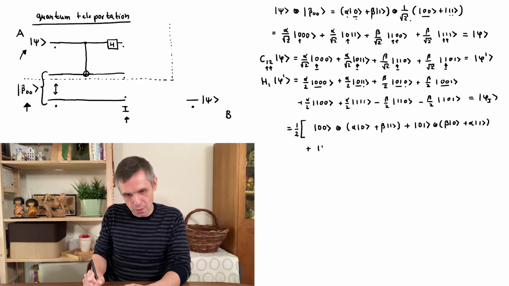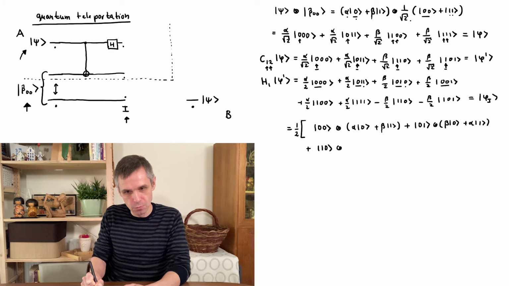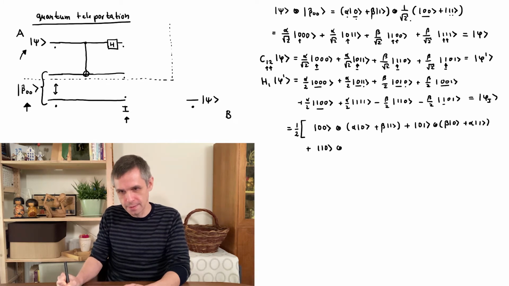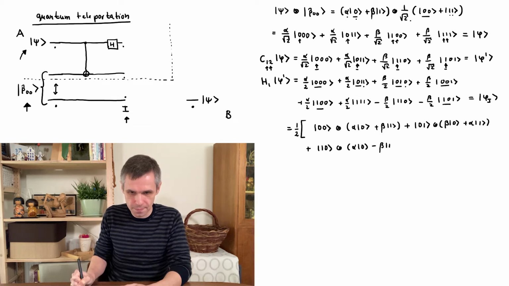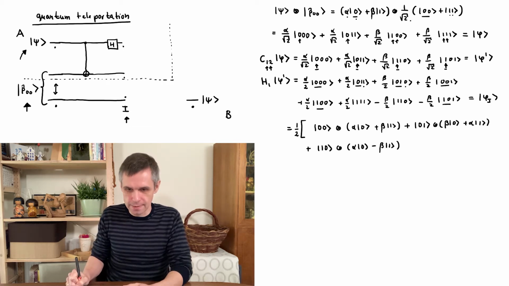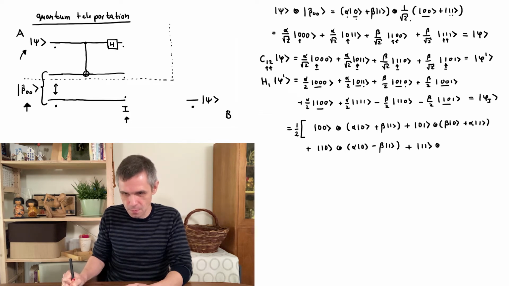Now we just continue to the next combination of Alice's quantum bits, which we find realized here and here. And in that case, Bob's quantum bit is in this state here. And finally, when Alice's quantum bits are in the state 1, 1, we find this realized here.